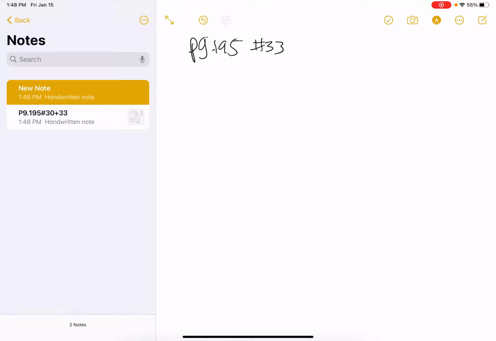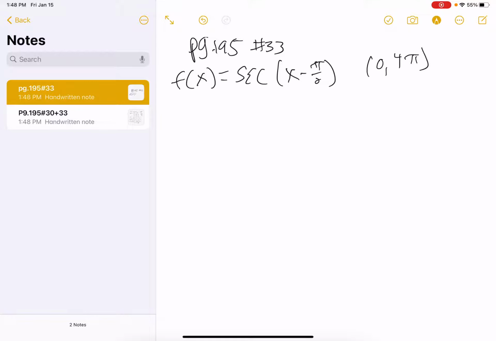That one is f of x equals the secant of x minus pi halves, from 0 to 4 pi. Okay, this one's going to get a little brutal, my friends, but we can do hard things. So it's good algebra practice.